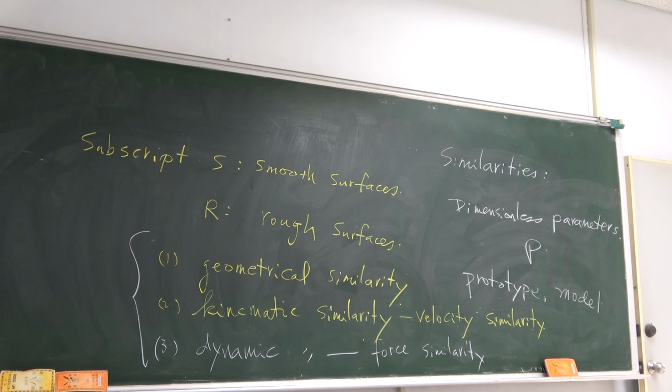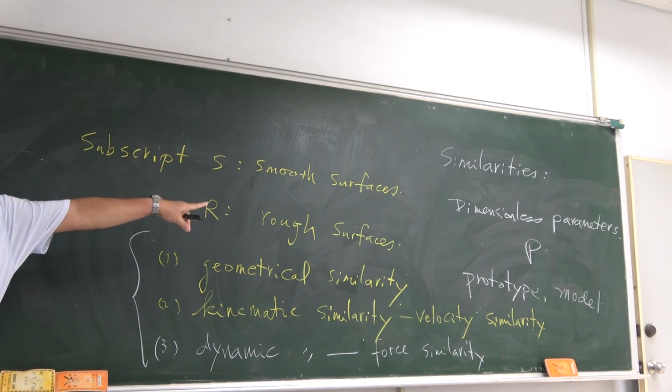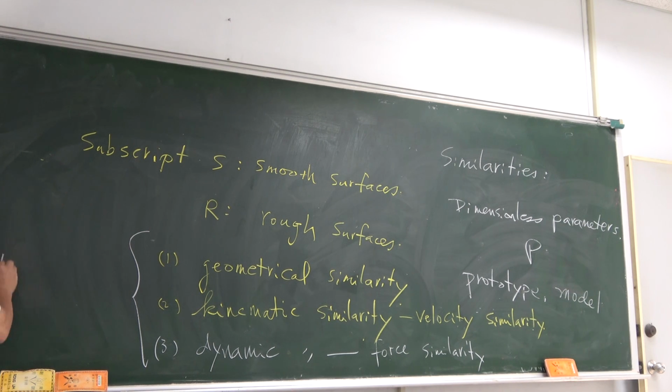P is the property or parameter you need for the prototype, equal to your P for the model. For your model.